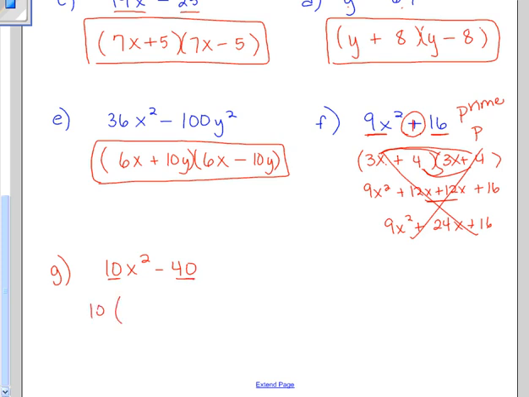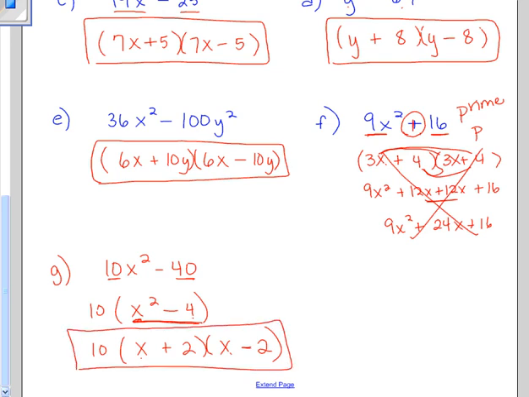So first I would need to take out the 10. 10 into 10x squared would be x squared. 10 into negative 40 would be negative 4. And so now I look at what I have in the parentheses, and that is the difference of two squares. So that would be 10 times x plus 2 times x minus 2, because the square root of x squared is x, the square root of 4 is 2, one positive, one negative. But all of this, including the 10, would be in my solution.